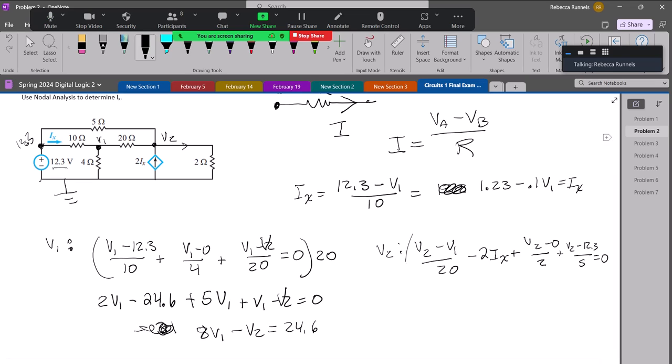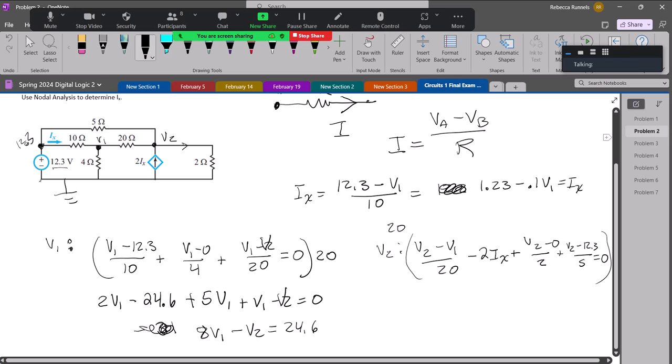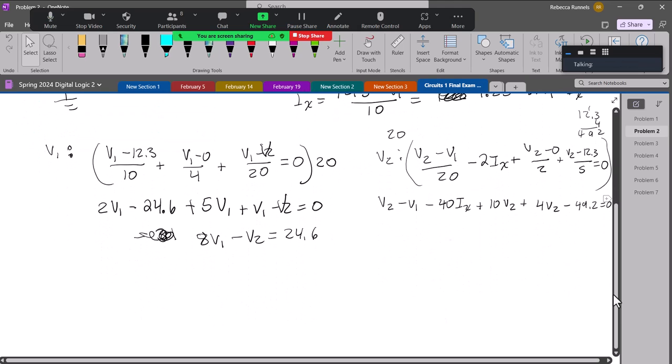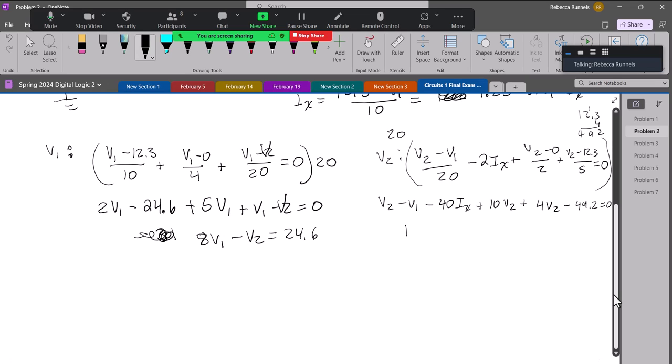Now I'll multiply this one through by 20, and I get V2 minus V1 minus 40IX plus 10V2 plus 4V2 minus 49.2 equals 0, or that's 15V2 minus V1 minus 40IX equals 49.2.